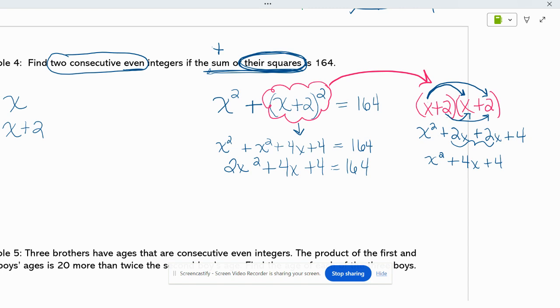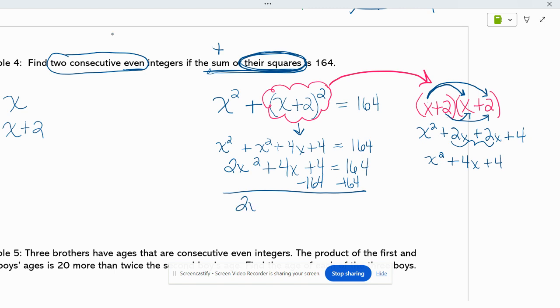Okay, so we've combined like terms. In order for us to solve this by factoring, we have to set it equal to 0. So how do I do that? Good job. I'm going to subtract 164 from both sides.